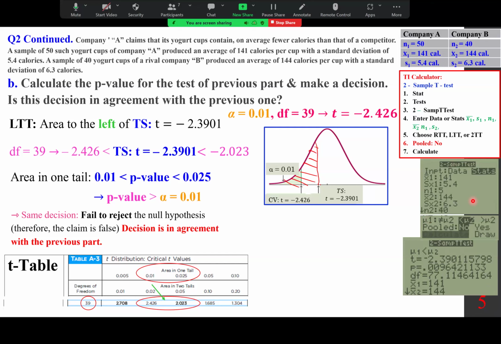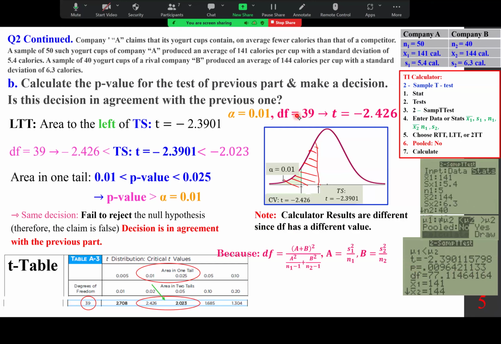What do we notice? The calculated results are different since the degrees of freedom has a different value. Take a look at the degrees of freedom here versus here. This is the degrees of freedom because it uses this very complicated formula, 77.1146, and it's very hard to find the value.